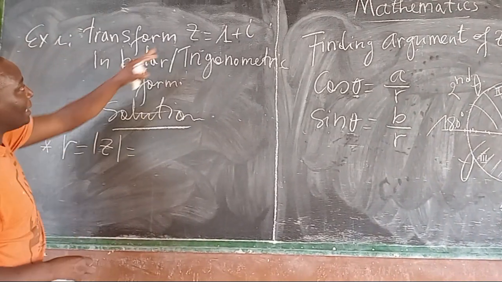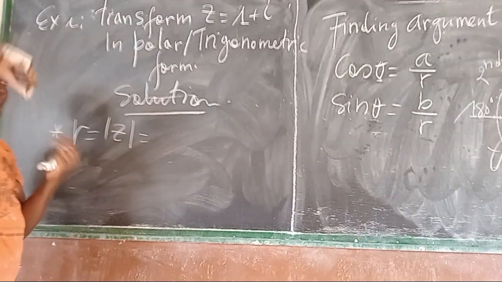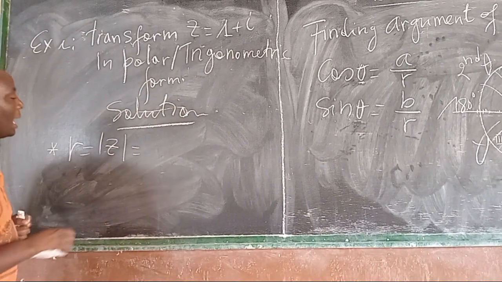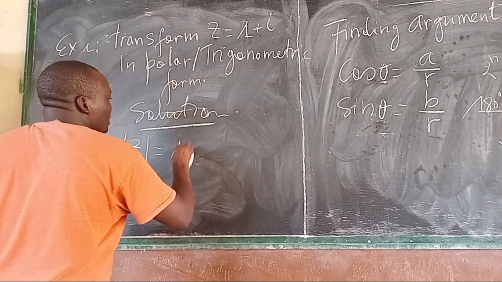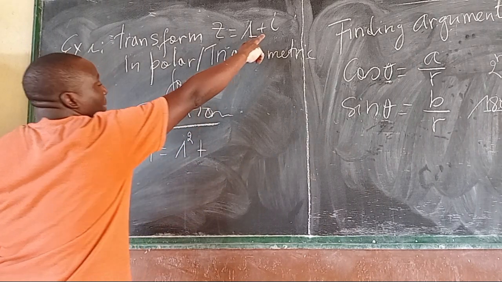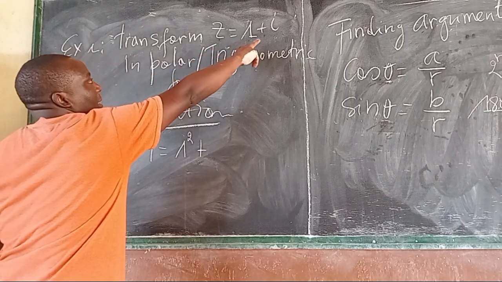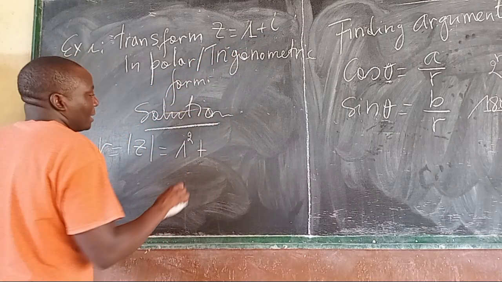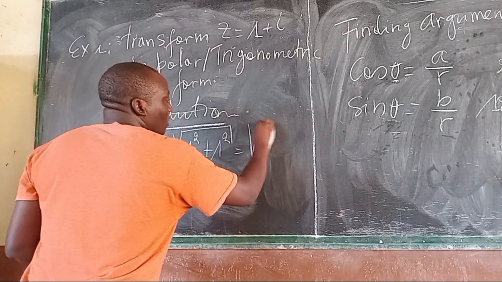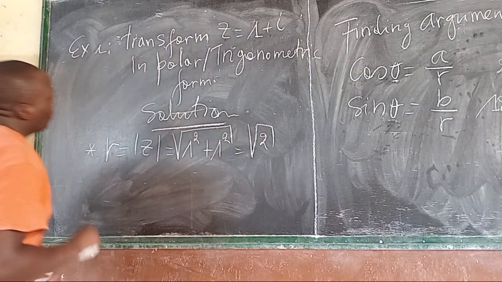You take the real part squared plus the imaginary part squared, both under the root. You take 1 squared, the real part again, real part 1, imaginary part again, there is 1. Plus 1 squared, both under the square root, you get the square root of 2.